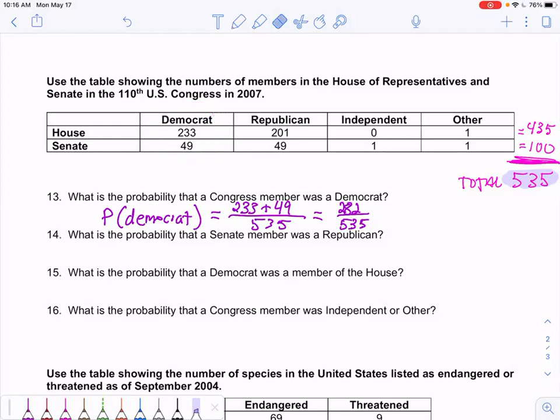Good. Next, it asks, what's the probability that a Senate member was a Republican? So now we know that it has to be a Senate member. So we have the probability of a Republican given Senate. Now your new total is going to be the number of senators, which is 100. And Michael, how many Republican senators are there? Yeah, 49.